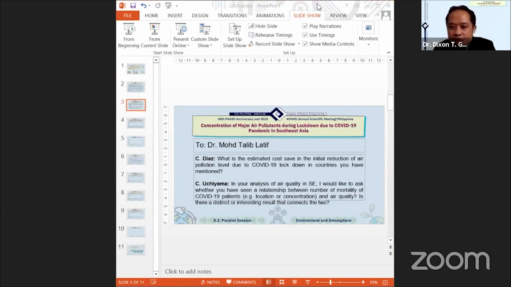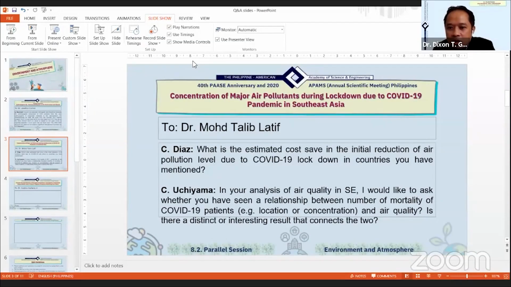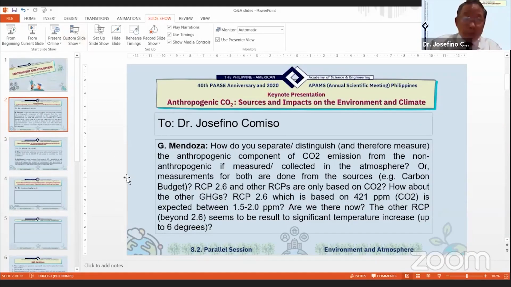And then there's another related question from Dr. Diaz, asking about the safe levels. Okay, so can we go back to the first slide? Can I answer that?